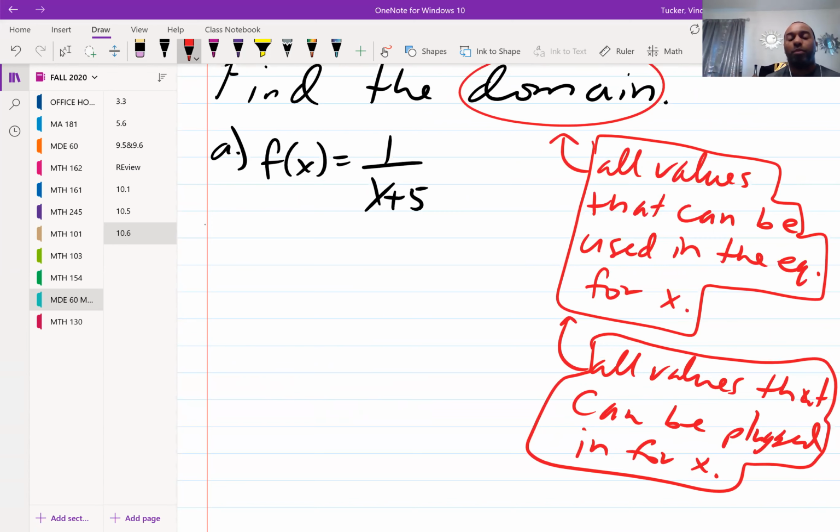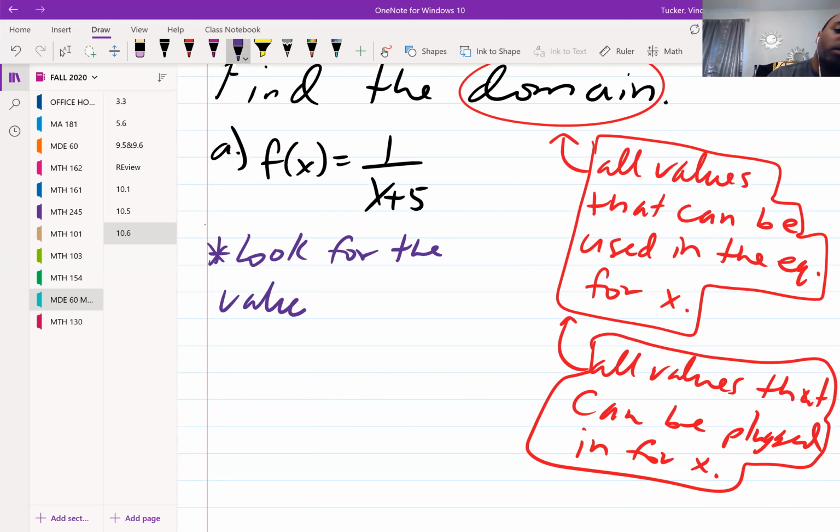So when you talk about your domain, you want to know what are all the values that I can use. There must be something in your equation that stops you from using certain values. So in other words, look for the values you cannot use first.